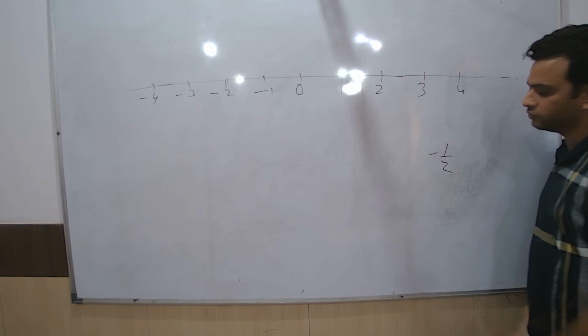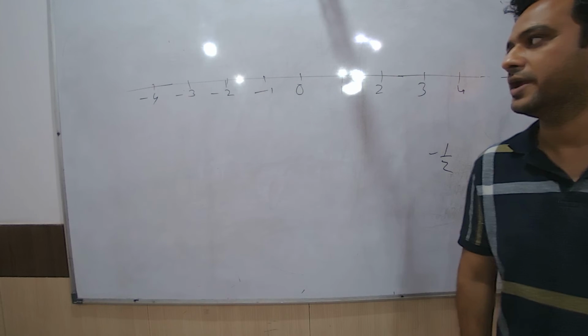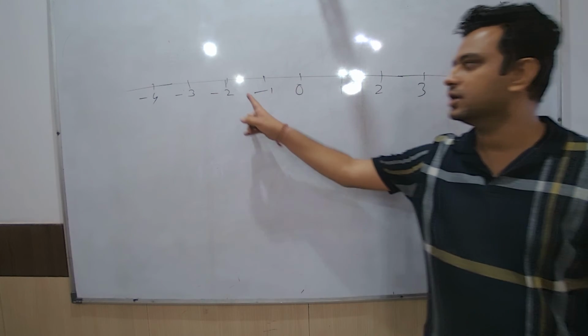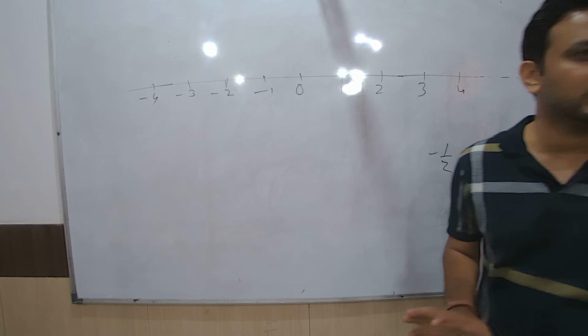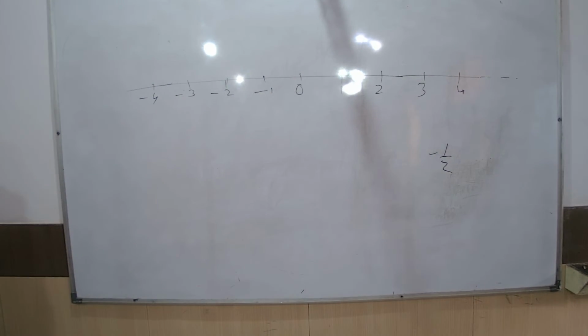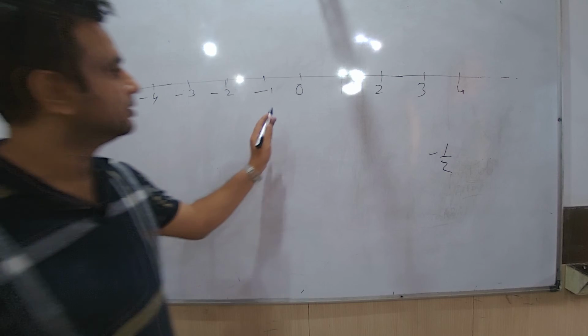If I say -1 by 2, where it will lie? It will lie between here or here or anywhere else. Minus 1 by 2. Where it will lie?